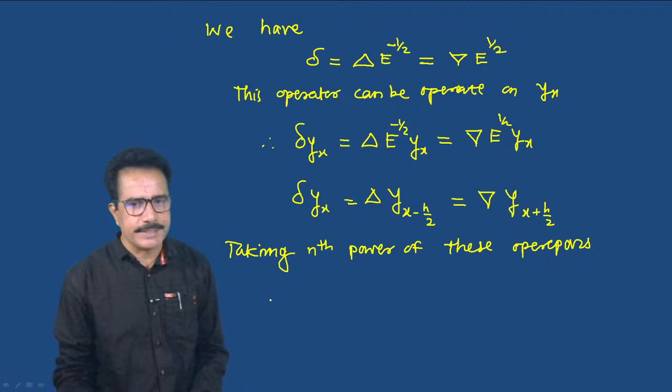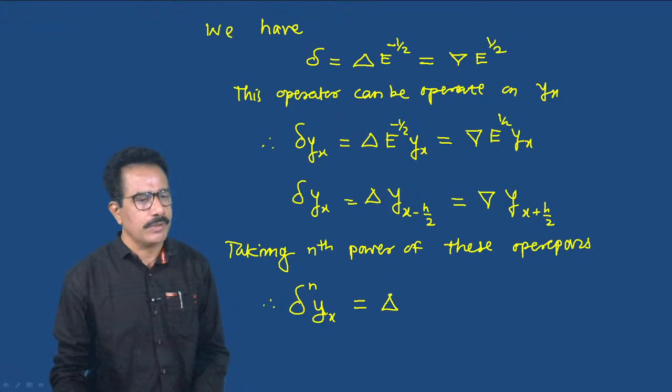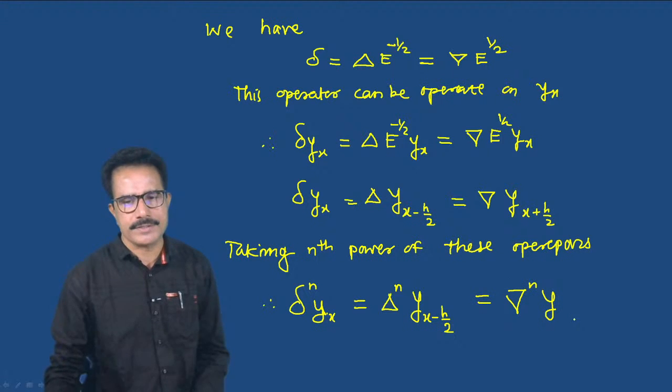So we get delta n y suffix x, which is equal to capital delta y suffix x minus h by 2, which can be written as del raised to n y suffix x plus h by 2.